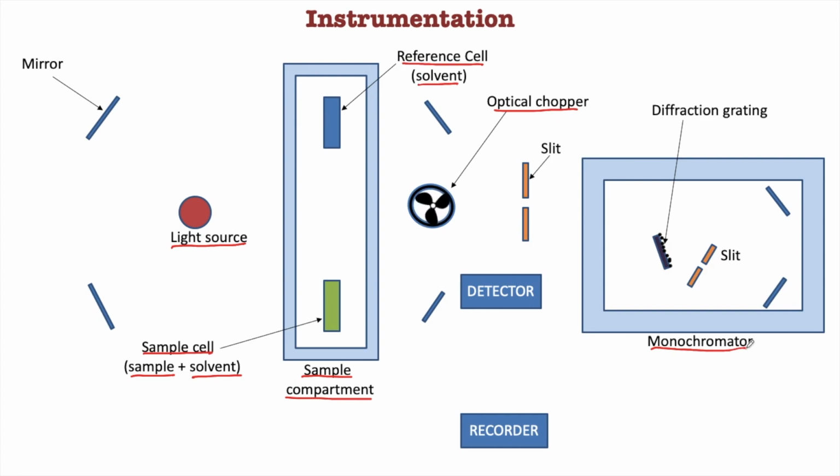Now let me tell you how this works. Like I said, the light source is going to emit two beams of infrared radiations. One of the beams is allowed to pass through the reference cell with the help of a mirror, and the other beam is allowed to pass through the sample cell. The reference beam which is coming out of the reference cell is of the same intensity.